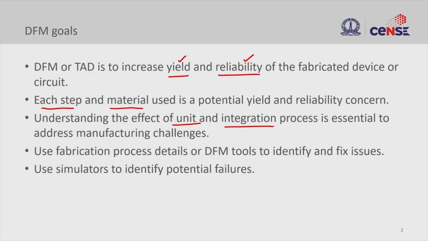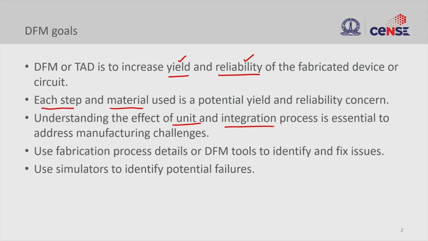If there is a unit process failure, we should be able to understand the implication of that failure, or if the integration process fails between two different steps, we should be able to understand what the reliability and yield implications are, so that we could design our circuits to accommodate such deviation from the optimal process.